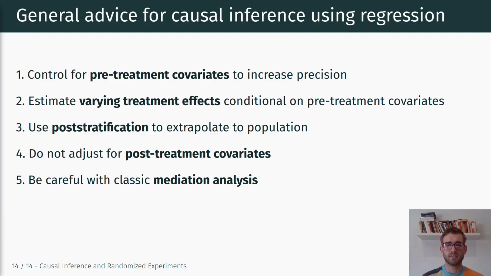So for us here, just in general, be careful with mediation analysis. Identifying mechanisms, even in a randomized experiment, is incredibly difficult and requires much stronger assumptions. These assumptions are not met by simply randomly assigning a treatment and a control.